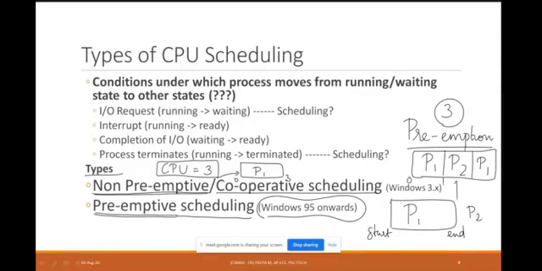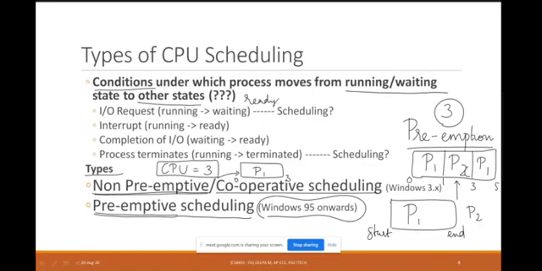After that, I can execute some other process, say Px, and again come back to the process P1 at a later point of time. That is called preemptive scheduling. So these are the two types of scheduling: preemptive and non-preemptive. Now we are going to see the conditions under which a process moves from the running or waiting state to any other state, say the ready state.